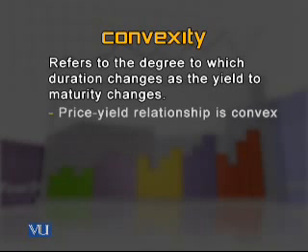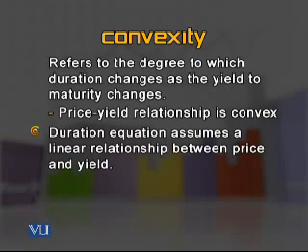In similar terms, the price-yield relationship is convex, which means there is a degree to which duration changes, which gives us this phenomenon that the price-yield relationship is convex. The price-yield relationship is not going to be the same every time, and it's going to be variable, so the price relationship can be claimed to be convex.